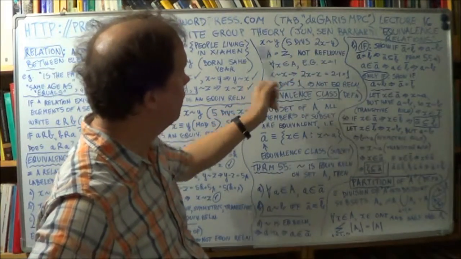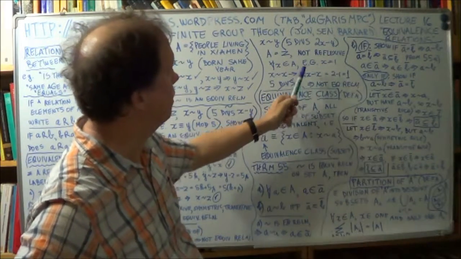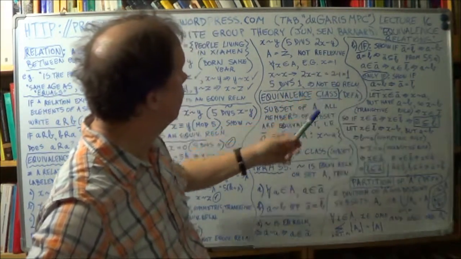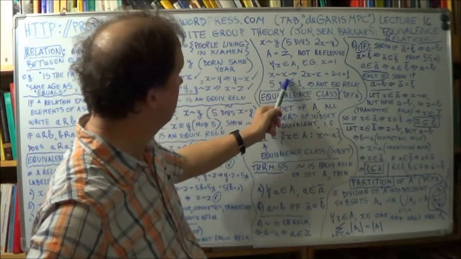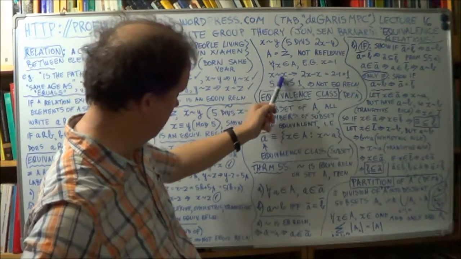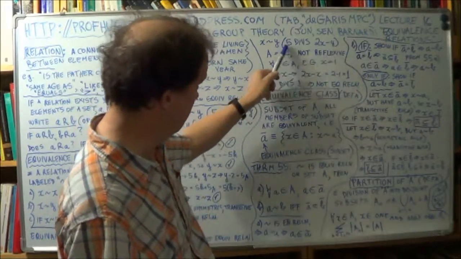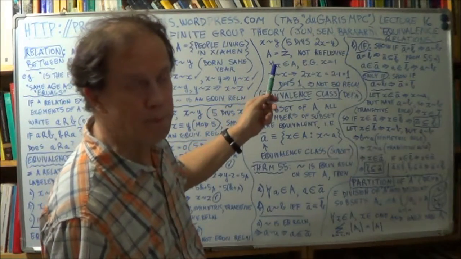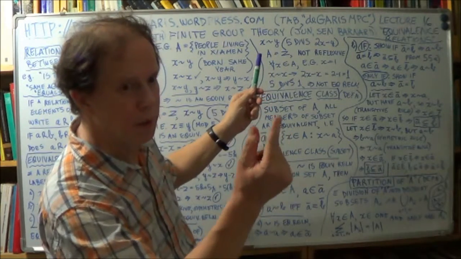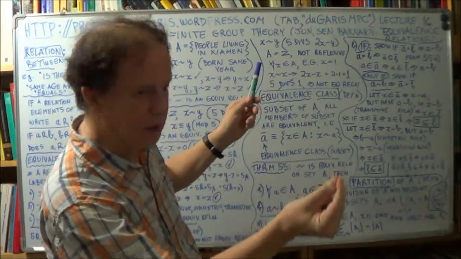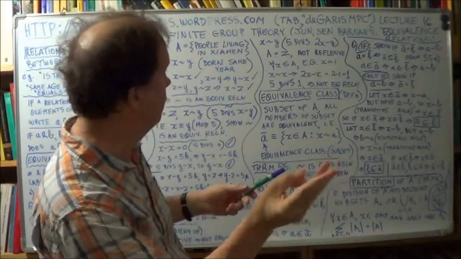Now, if we can just find one counterexample... We're testing with a tilde, which is your relation. Is it an equivalence relation? In other words, is it reflexive? Is it symmetric? Is it transitive?